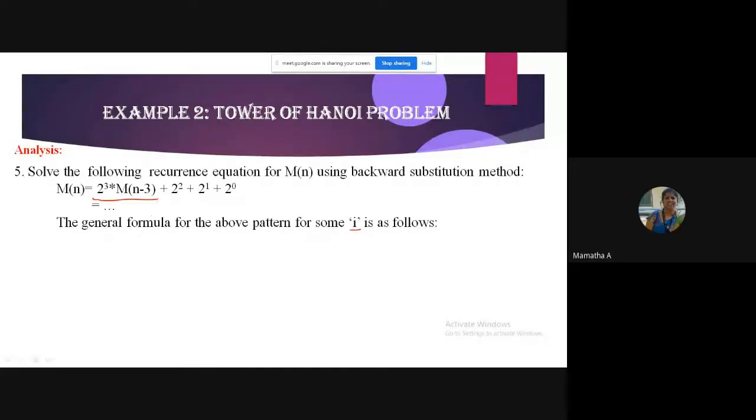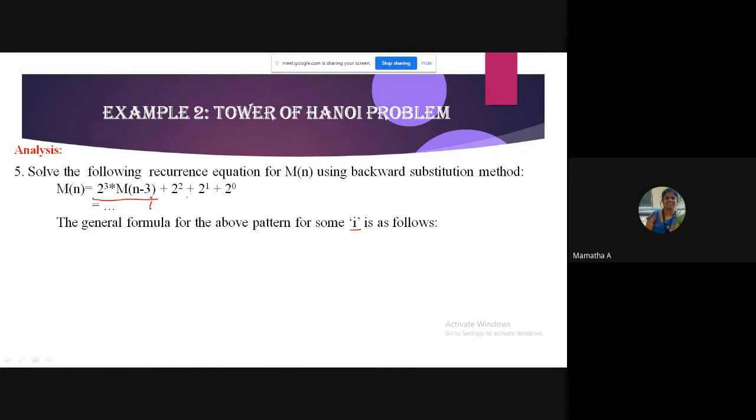Okay, that's right. Now, when this was 3, you could see that we had a summation from 2 power 0, 2 power 1, 2 power 2. If this is i, what summation will you have? 2 power 0 to? 2 power i minus 1.